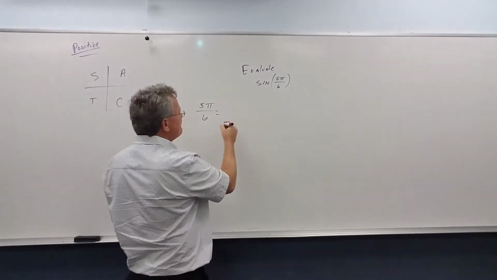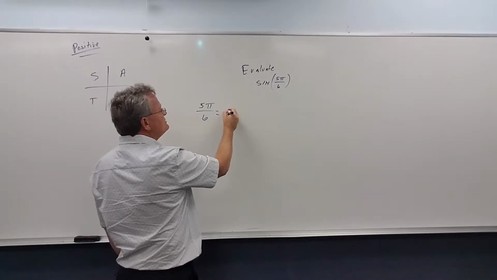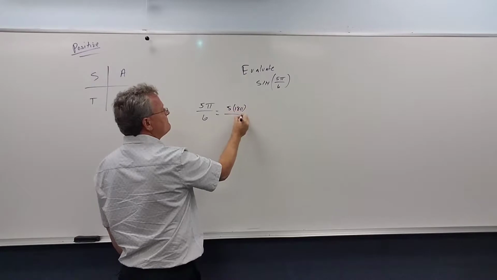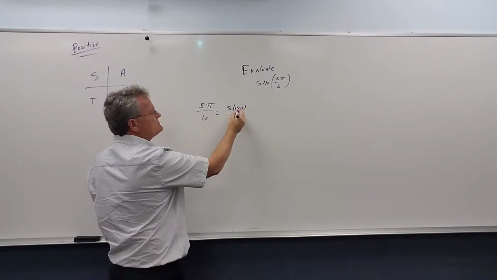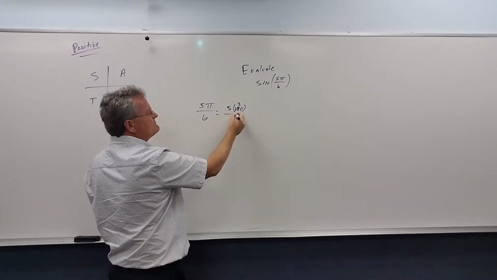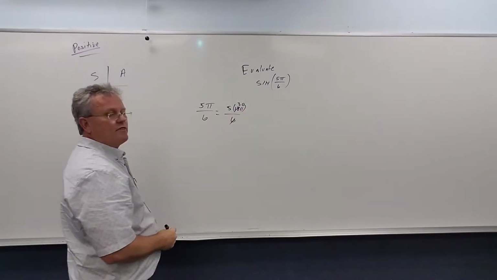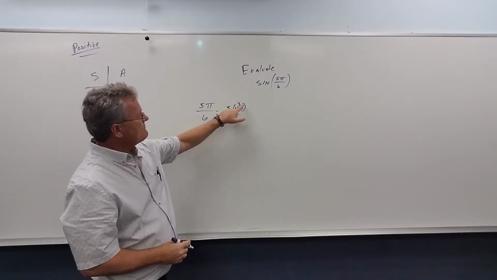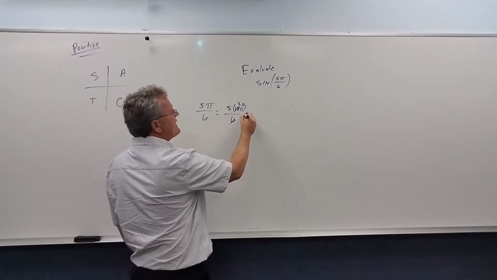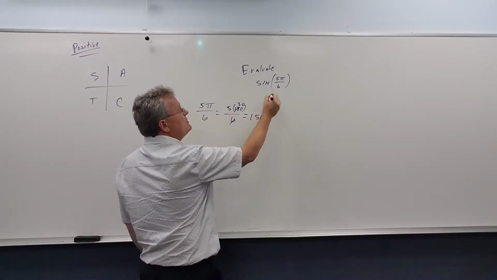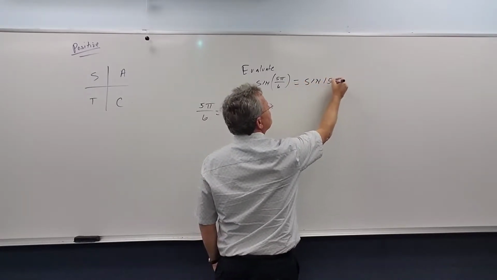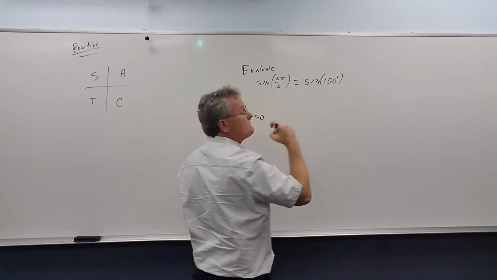But if I do it in degrees, we just replace pi with 180. 6 goes into 180 30 times. 30 times 5 is 150. So this is equivalent to figuring out the sine of 150 degrees.